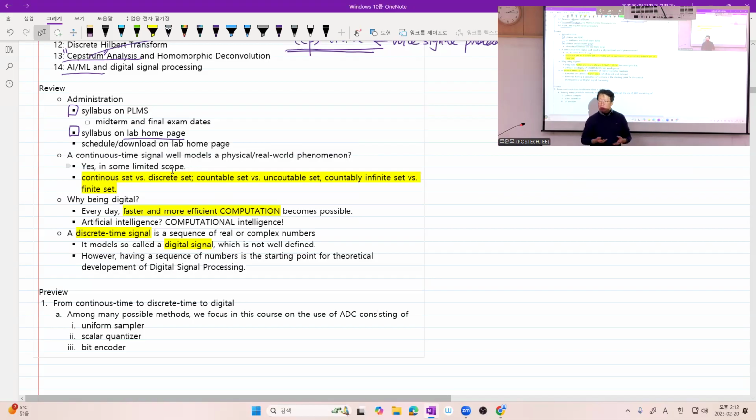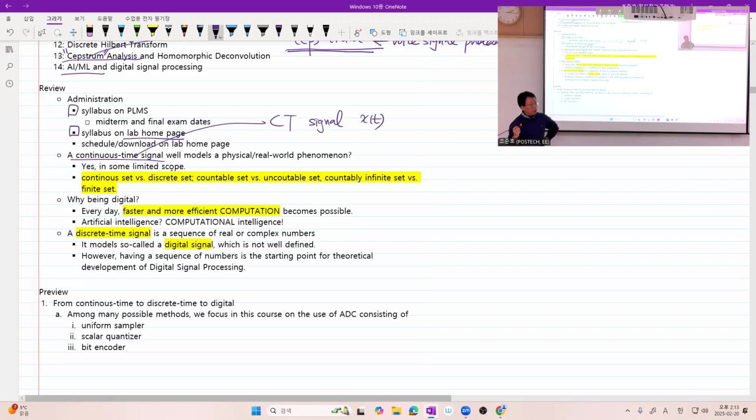Our textbook and many people claim that a physical signal or phenomenon, when modeled mathematically, needs to be modeled as a continuous time signal. By the way, continuous time is often abbreviated to capital C and capital T. So CT signal x of t means mathematically what?